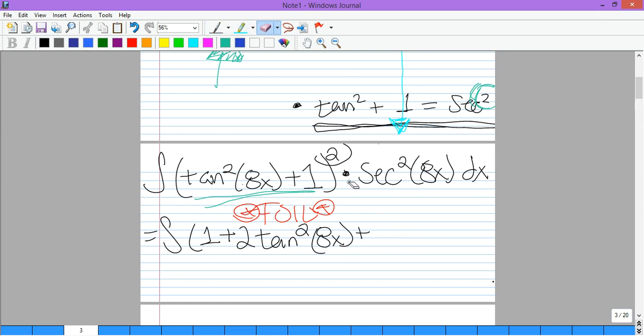Since we're squaring that last factor, it's just going to be tangent to the 4th power of 8x, all of which is going to be multiplied by our secant squared 8x dx. It's getting kind of big, and I've run out of room, so pardon me for that.